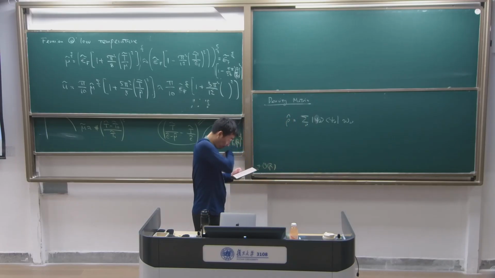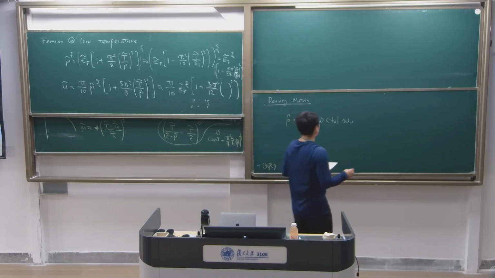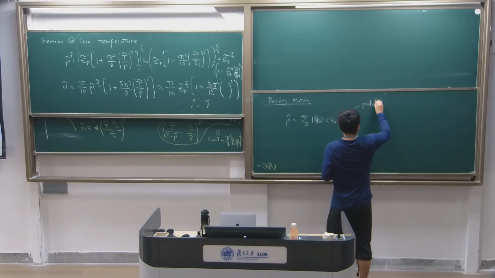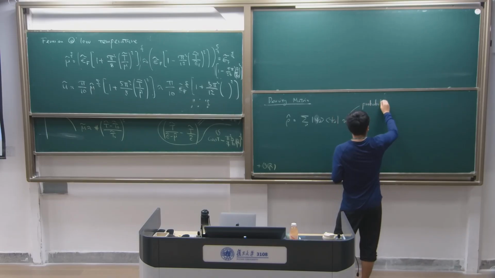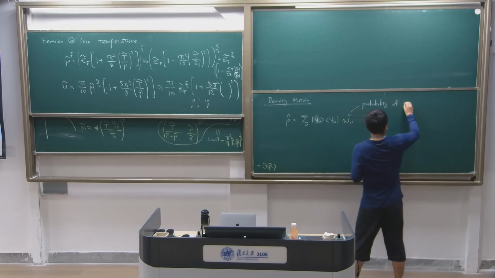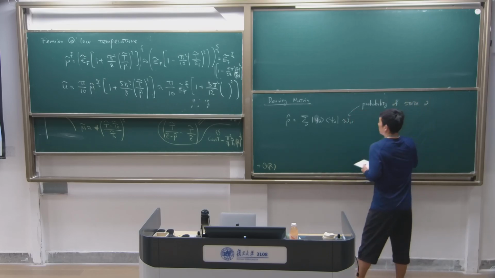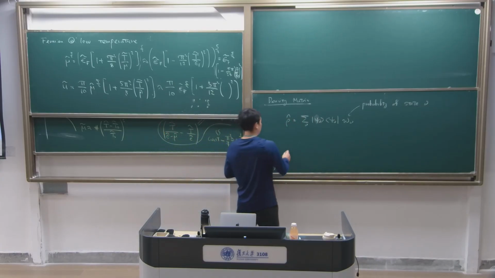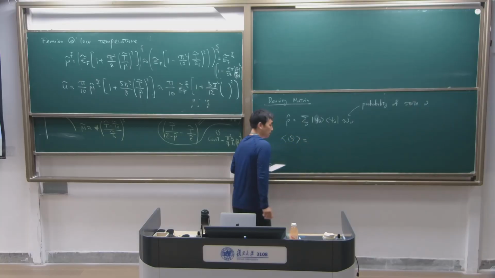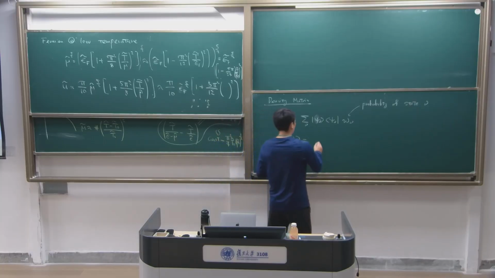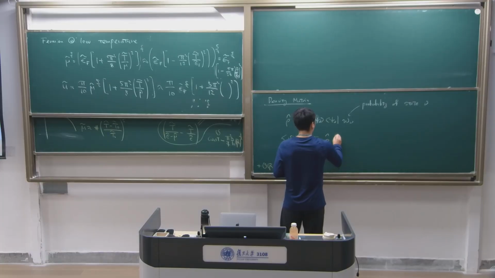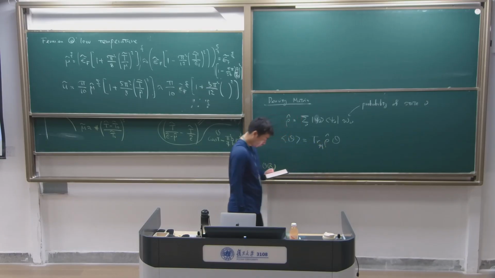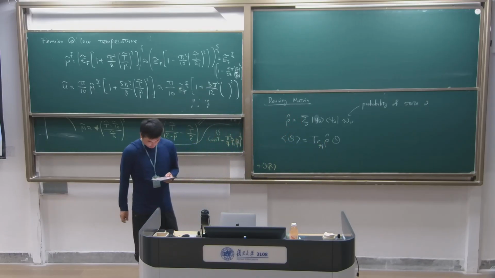That's the density matrix definition. And if you try to compute the expectation value of such a statistical system, you have to include a trace over all possible Hilbert space. That's what we do.